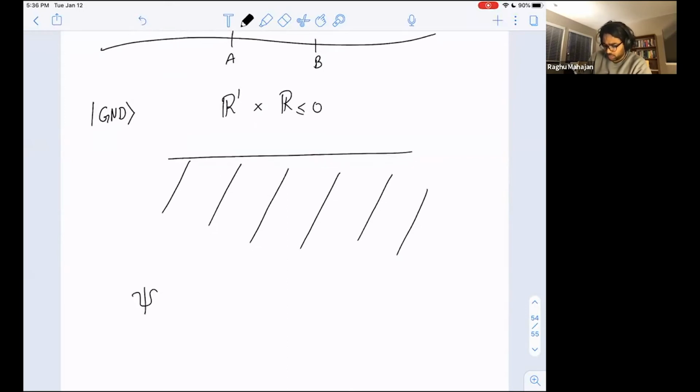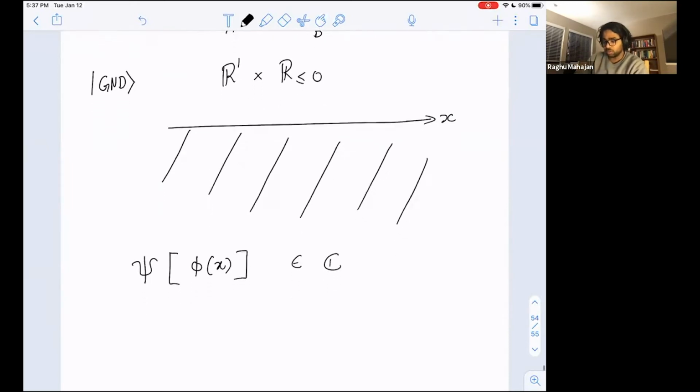And we have psi as a functional of phi of x, where x is the coordinate along here. Phi of x is a field configuration, and the output of the wave function is some complex number. So this is the computation we do.